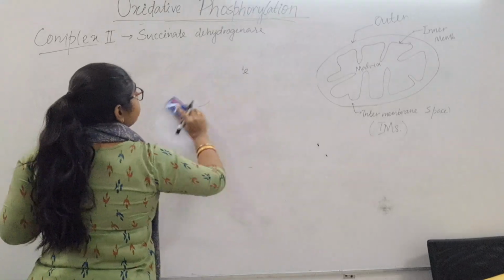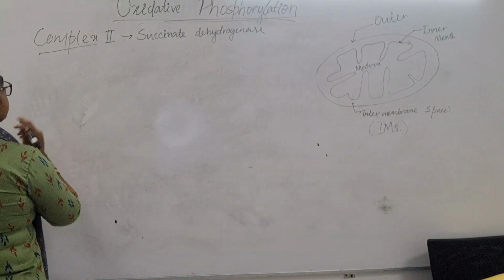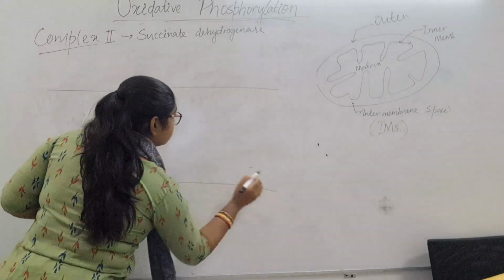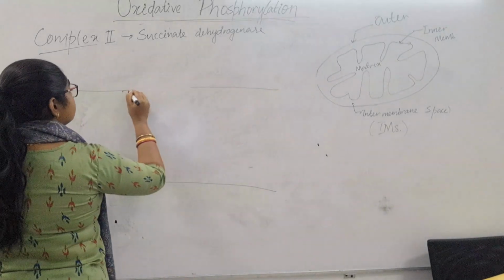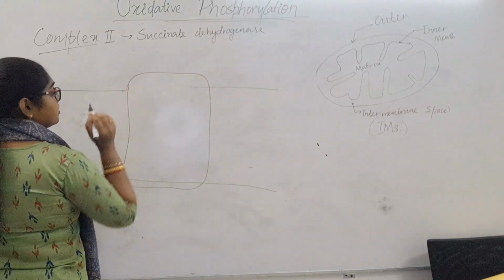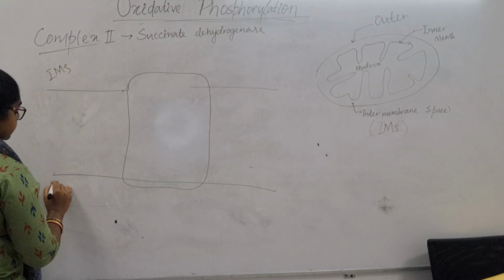Okay, now again we will discuss, just like complex 1, that this is the inner membrane and this is complex 2. This is the intermembrane space and this is the matrix.